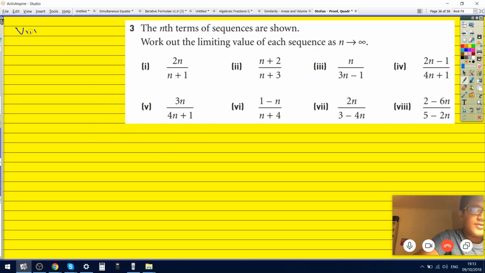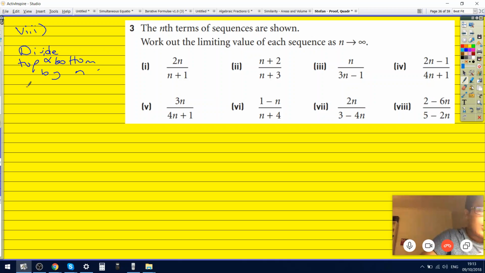2 minus 6n over 5 minus 2n is equal to, so we say 2 over n minus 6n over n. I'll write two fractions, but I'll simplify it in the next step.